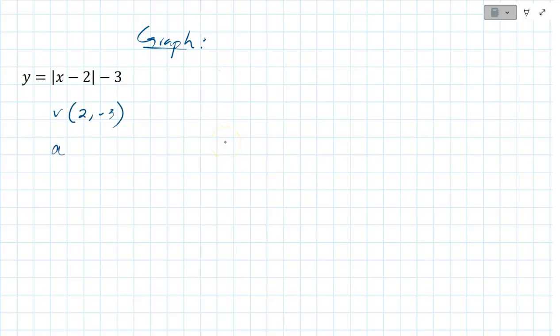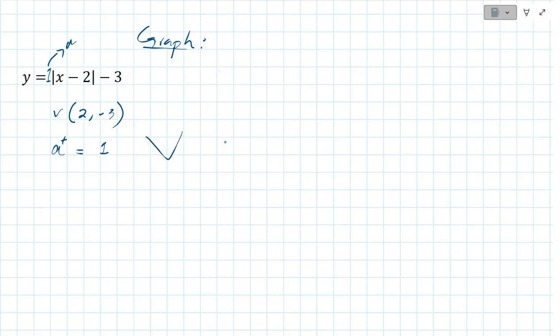Okay, what is A? Is A positive? Well, yes, A is 1. This 1 is in front of the absolute value sign. This is your A. It doesn't say it is 1, but if there's nothing there, that means it's 1. So A is positive 1, and it is congruent in terms of the actual shape of the graph.